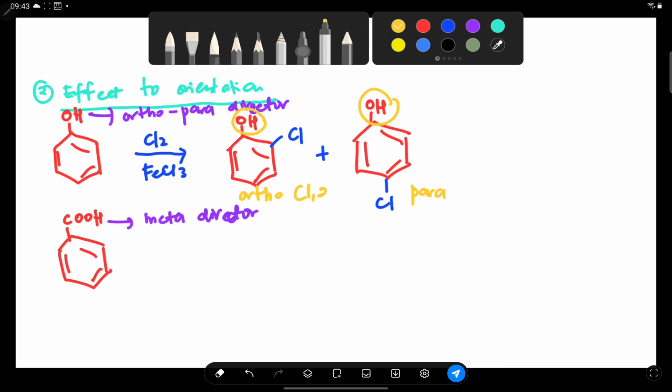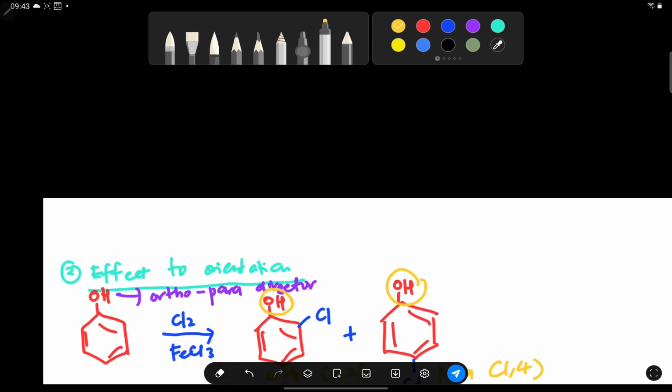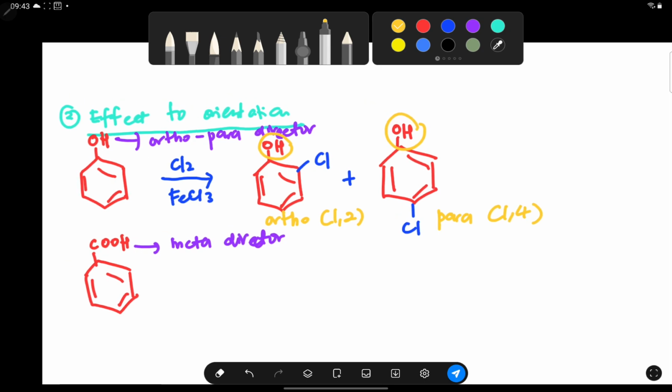Ortho is 1,2. Para is 1,4. Why do we call them 1,2 and 1,4? Because here is 1 and 2, 1 and 4.